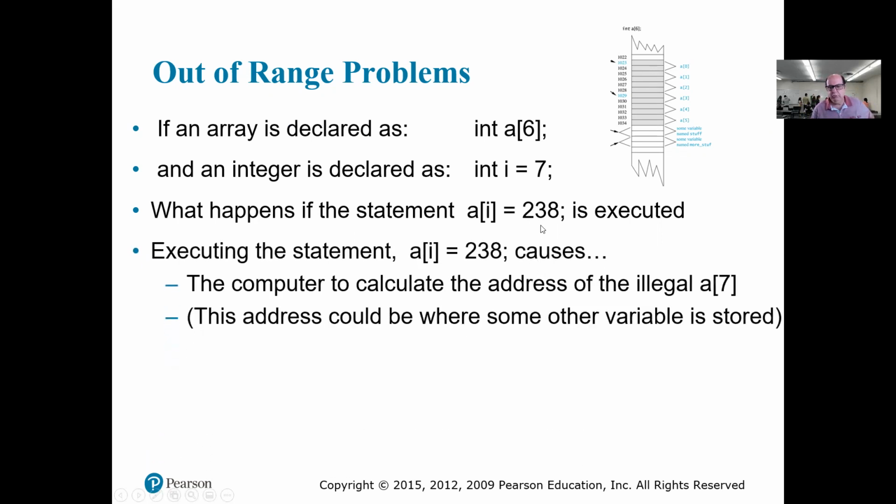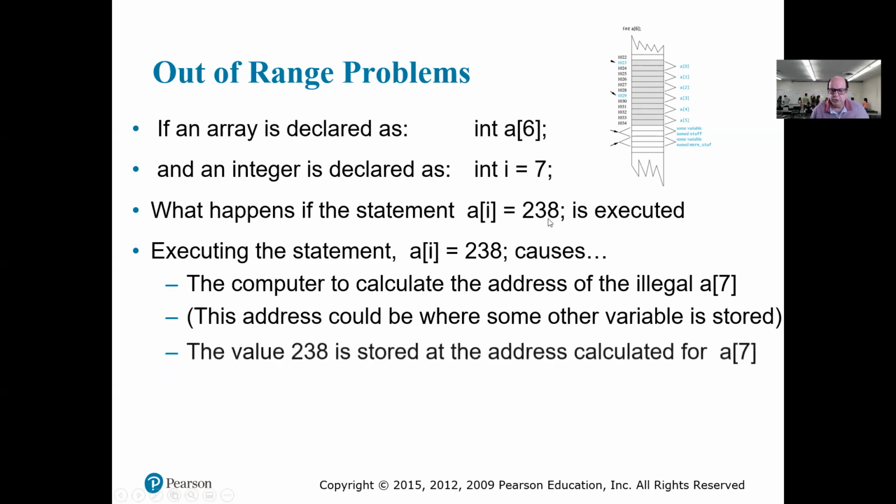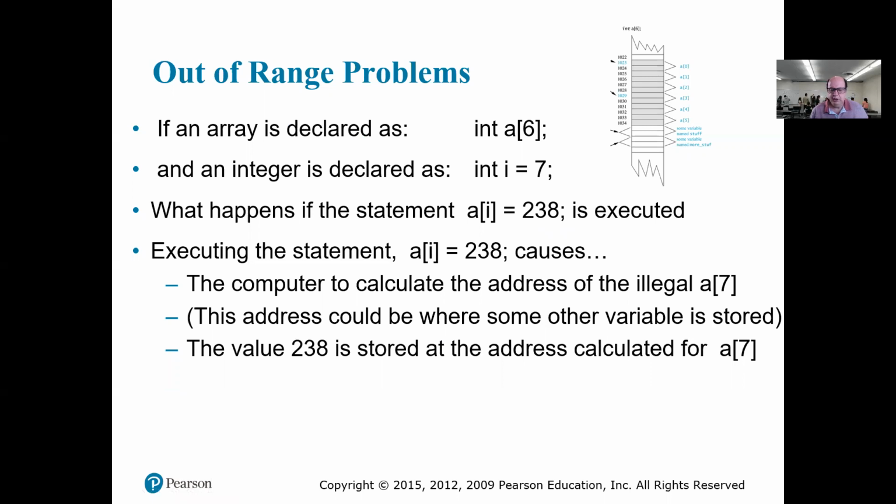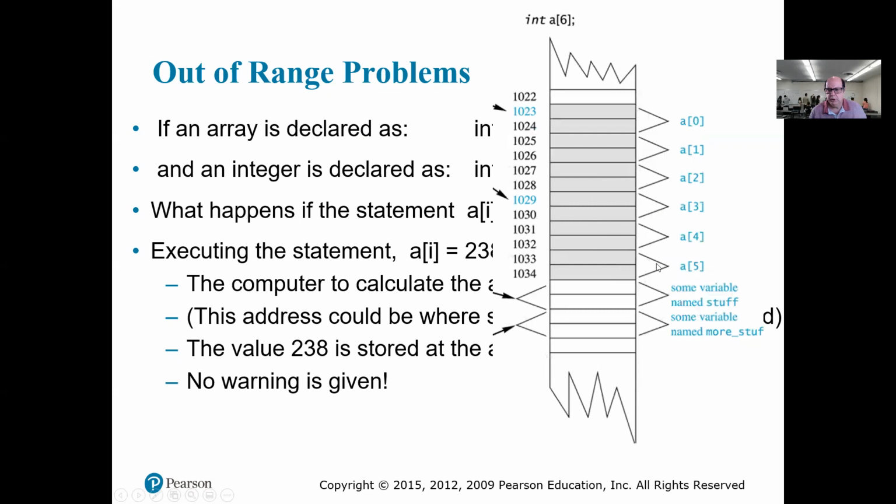It's going to take the 7, because I is 7, and multiply it by the data type size. The old computer that we're using has 2 bytes, so it's going to do 7 times 2, go to that location, and just write 238 in there. There is no warning. So this is A[5] over here, this is A[6], this is A[7], and so on and so forth.